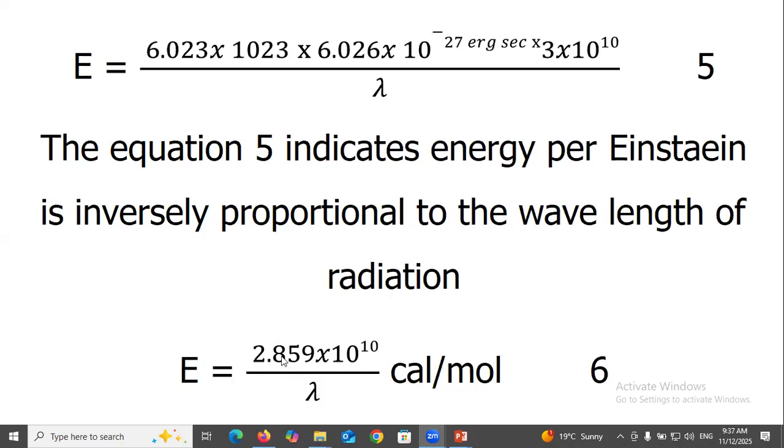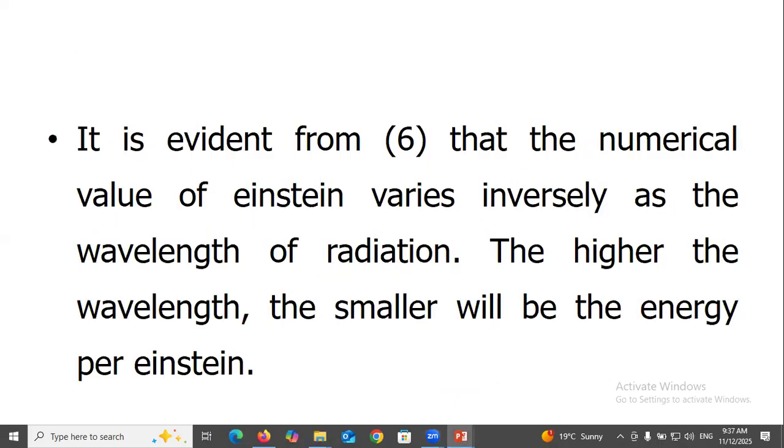So E equals 2.85 times 10 to the power 10 over λ calories per mole. It is evident from this that the numerical value of an Einstein varies inversely as the wavelength of radiation. The higher the wavelength, the smaller the energy per Einstein.